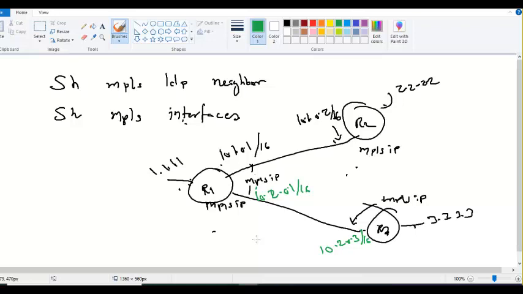Ping is okay. But still I'm not able to find the neighbor. You just think, I don't want to give you an answer. You just think what might be the problem. Or if you want to ask me a question, you can ask.